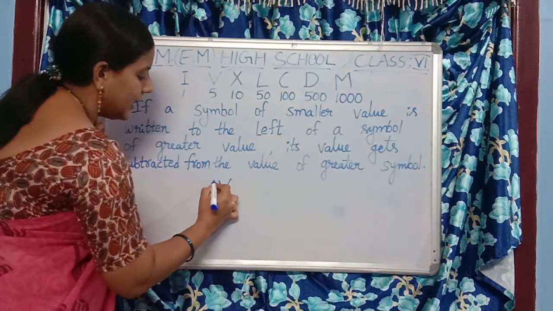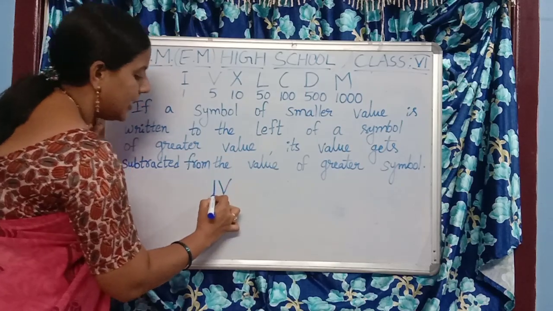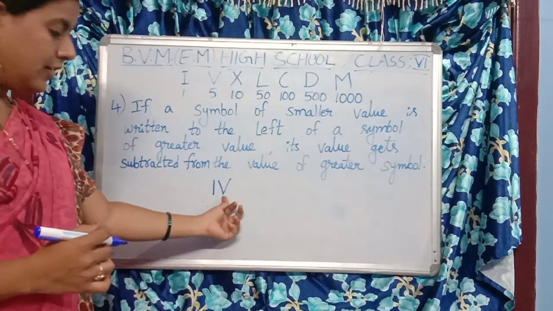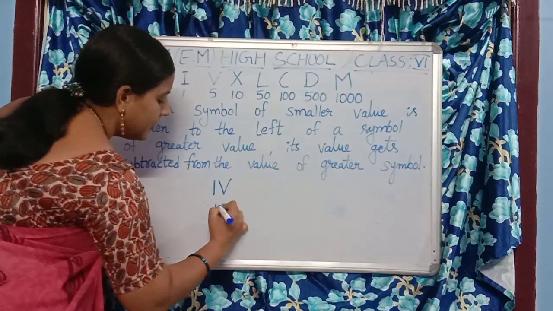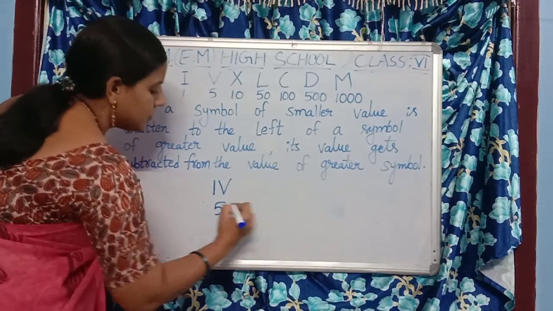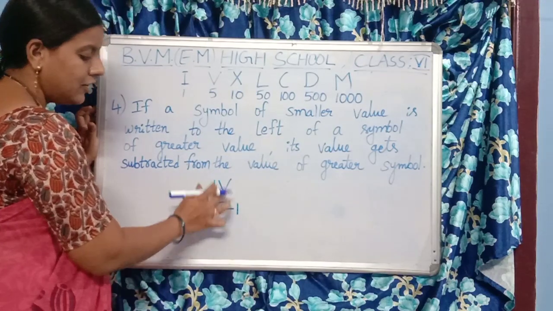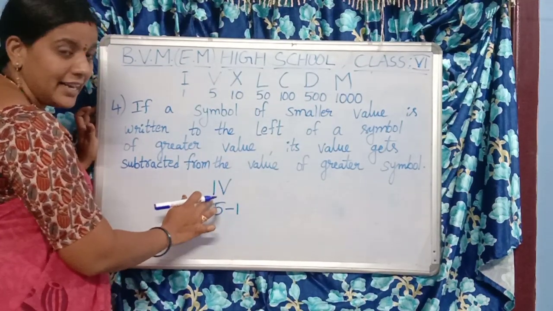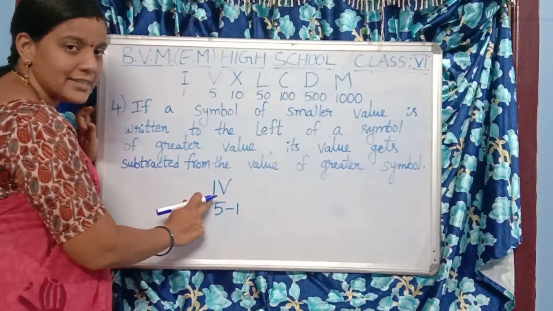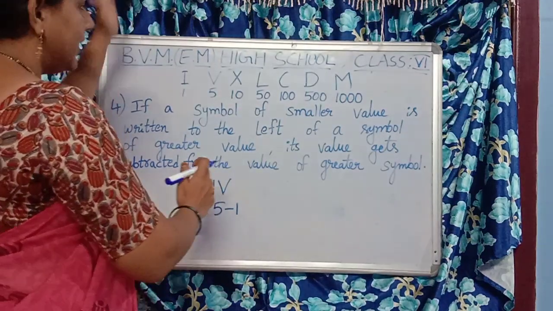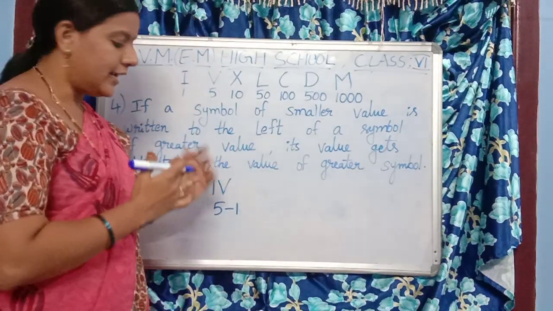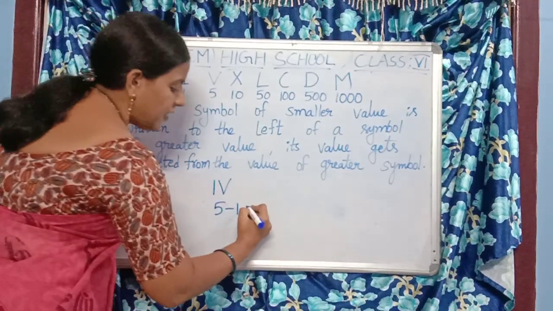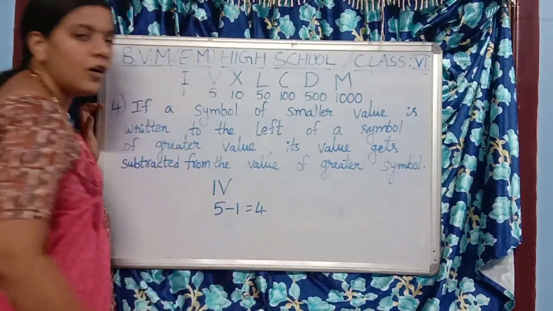If I is on the left of V, it should be subtracted. The smaller one is on the left side of the greater one, so it should be subtracted. 5 minus 1 is 4.